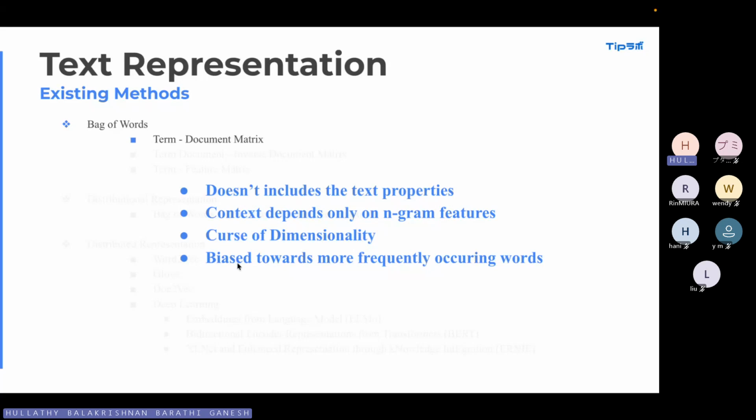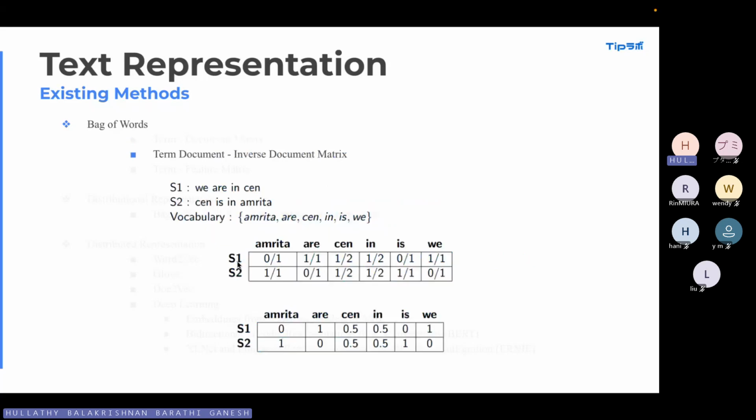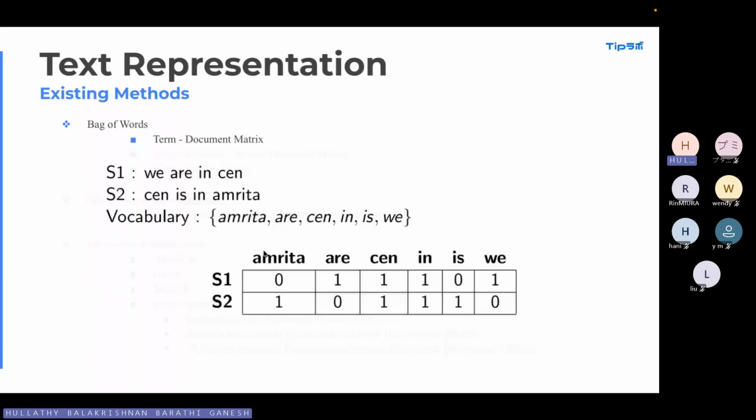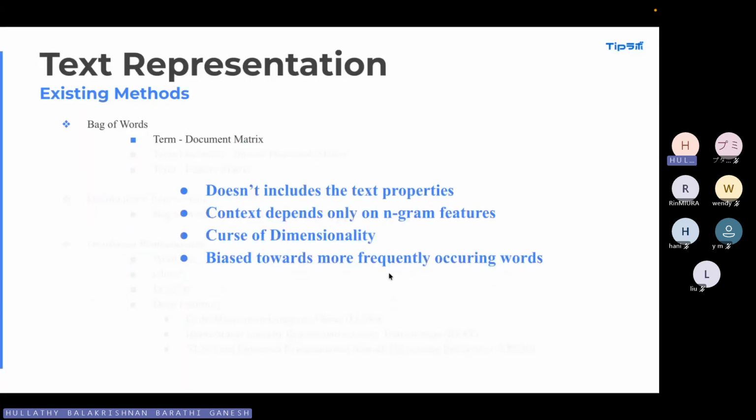The first one is TF-IDF, where it tries to address this by giving a lower weight to the stop words. The approach is the same. First, it formulates the matrix which we constructed earlier.